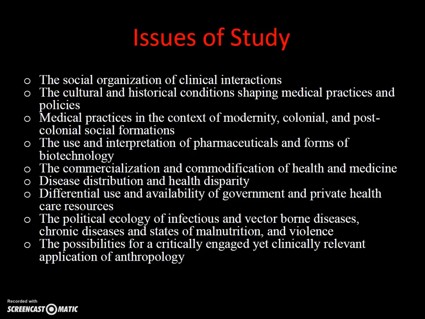The differential use and availability of government and private healthcare resources, including the proliferation of NGOs, the retreat of the state with structural adjustment programs and policies, whereby welfare programs, healthcare programs are cut, and individuals are left to seek healthcare in various institutional settings, be they non-government organizations, including religious organizations, or usually we see this in the context of smaller clinics. The political ecology of infectious and vector-borne diseases, chronic diseases and states of malnutrition and violence.